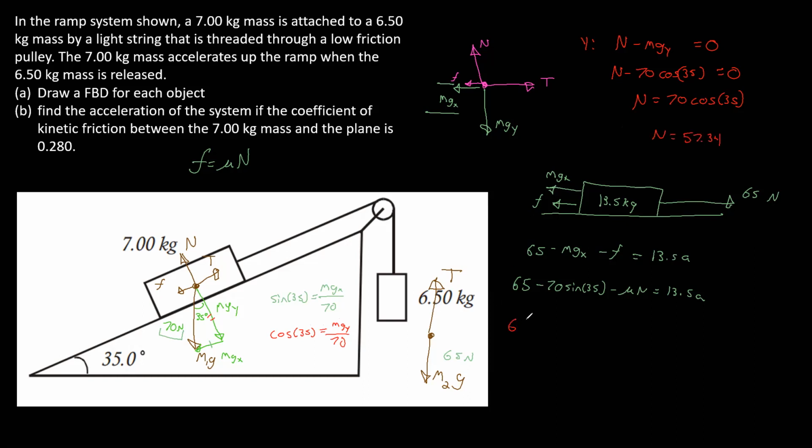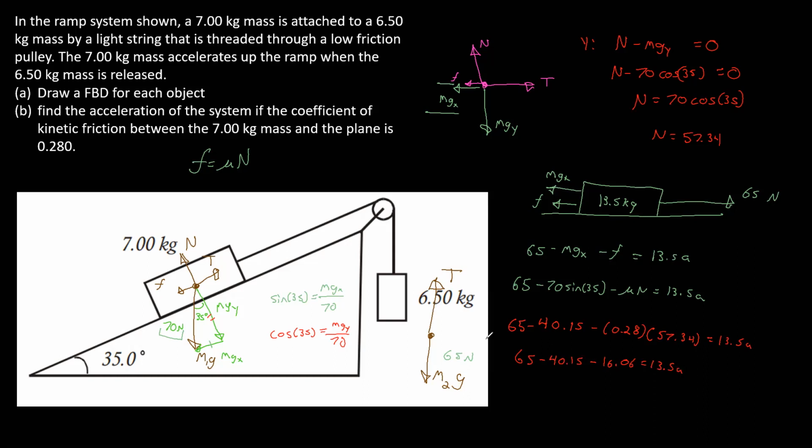57.34. So if I start going from here, 70 sine 35 is 40.15 minus my coefficient of kinetic friction times my normal force, which I just found was 57.34. And if I multiply those two together, I get 65 minus 40.15 minus 16.06 equals 13.5a.